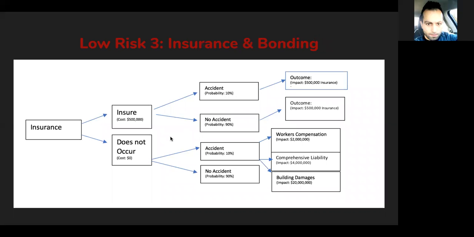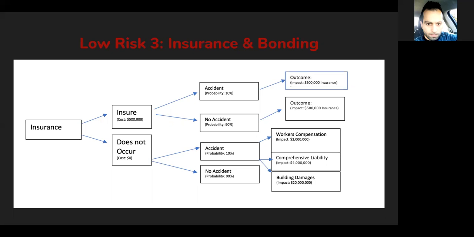So for the third low risk, it's insurance and bonding. In the case of an accident occurring, the cost is $500,000, and in the case of it not occurring, there is zero cost. So if the incident occurs with probability 10%, the outcome would be $500,000.